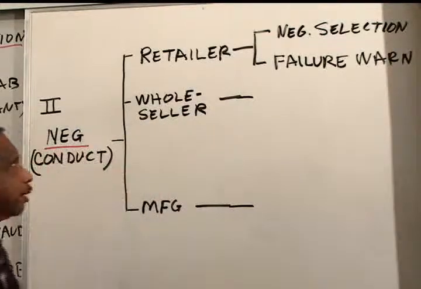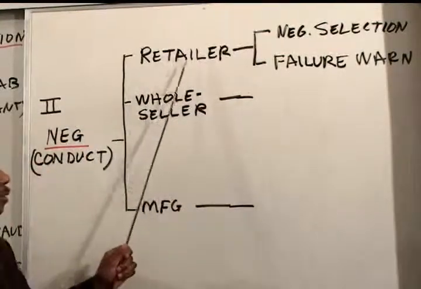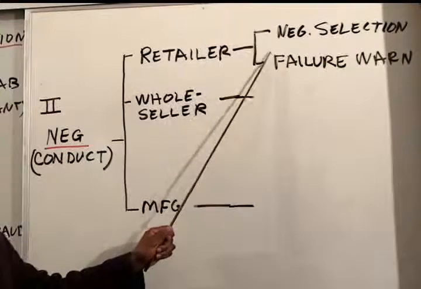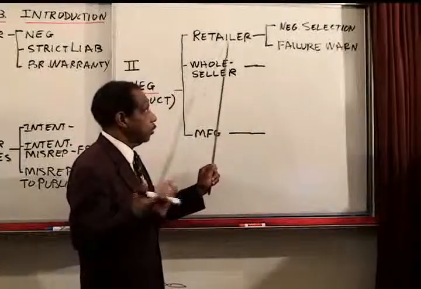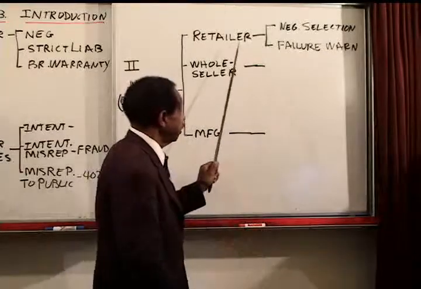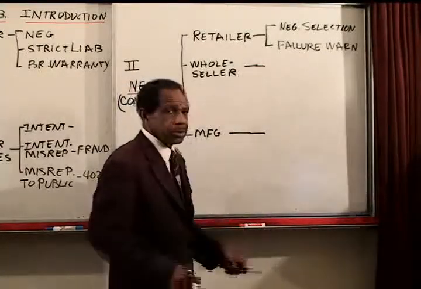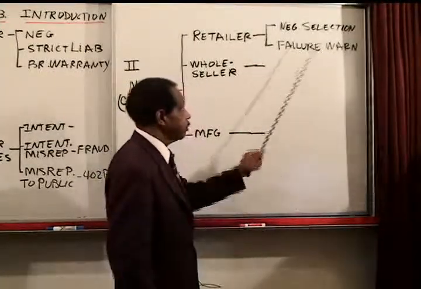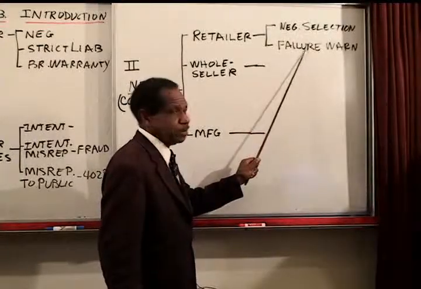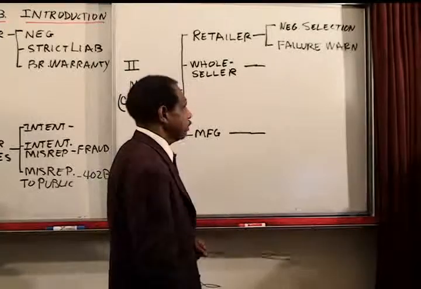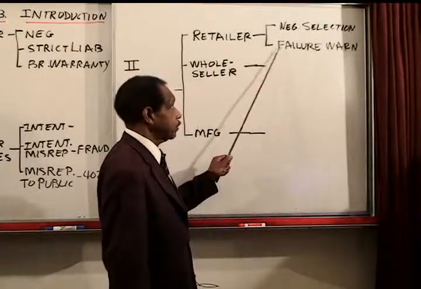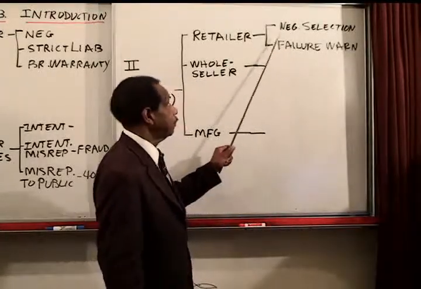When you are evaluating the negligence of the retailer, you use the regular rules of negligence. Duty, the retailer owed a duty to the purchaser or whoever was suing. They owed a duty of due care. You show that the retailer breached the duty of due care, usually by one of these methods. Then you go through the usual causation, actual and proximate causation, damages, and defenses, like any other negligence problem.